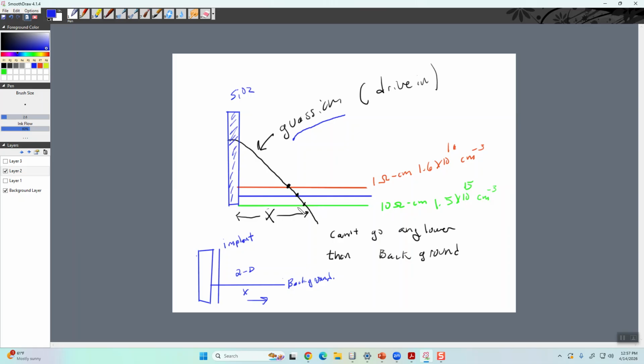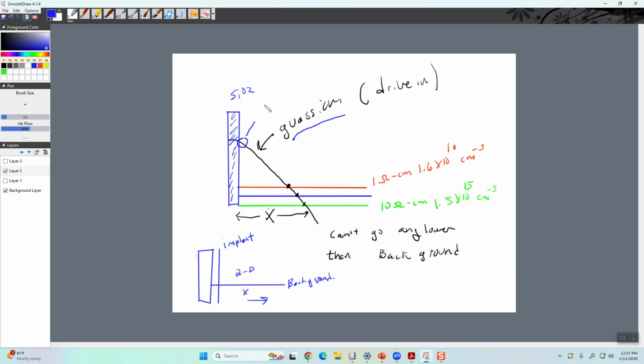Right? You can see that it would get deeper the lower the concentration. The important thing for this step, though, it's not in the question, is the surface concentration, because that's what determines the threshold voltage of the device.